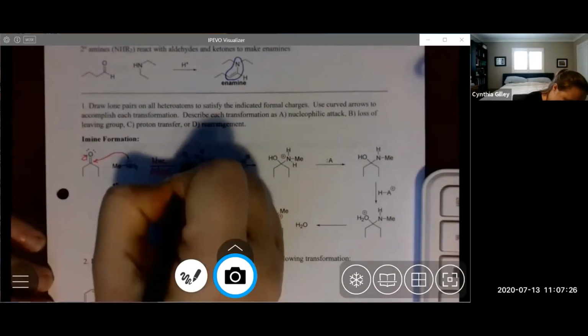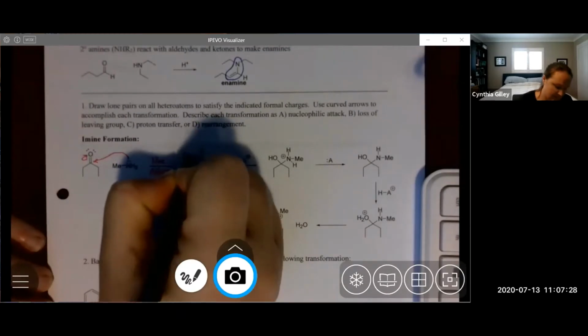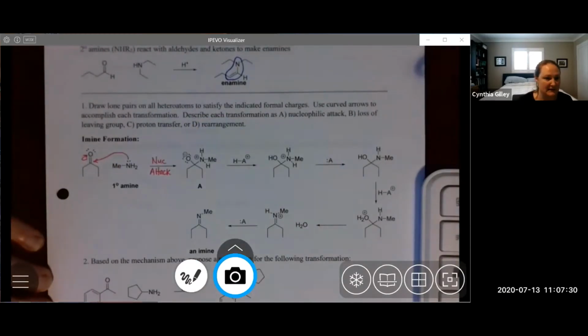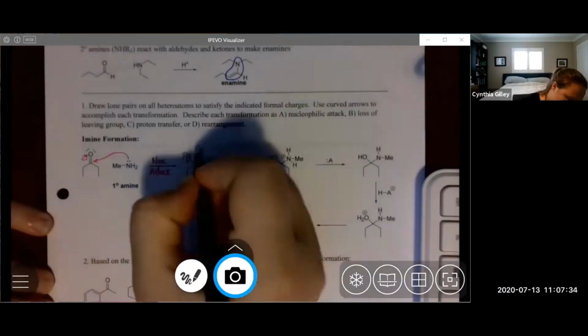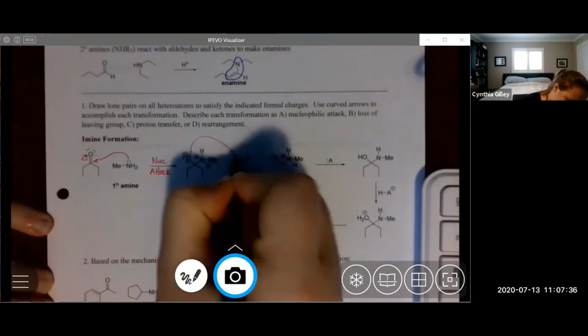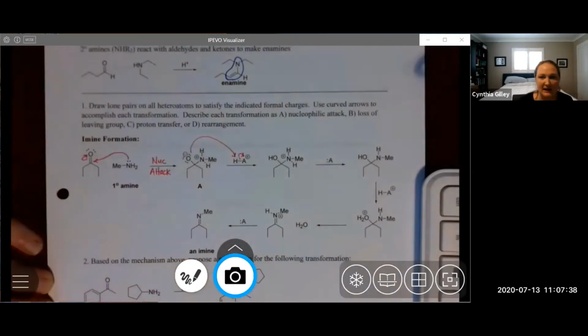This is just an exception to that. I'm going to draw in those lone pairs there because it asks me to do so. And then remember, this will be an immediate proton transfer because the strong base is not going to last long in acidic conditions. So it'll definitely get protonated very, very quickly.